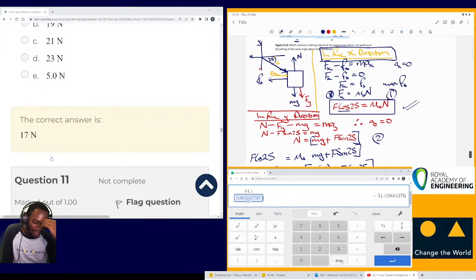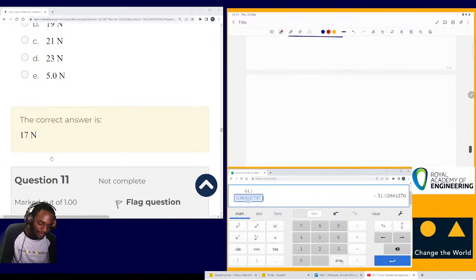So we come back to our equation in the x, which becomes F in the x minus, but this object is now moving. We have to be careful of the friction that we put now. It's Fk, the kinetic, which is equal to ma, isn't it? Yes, it is.